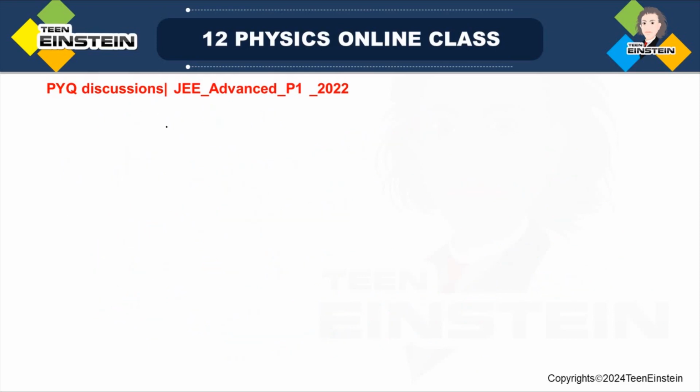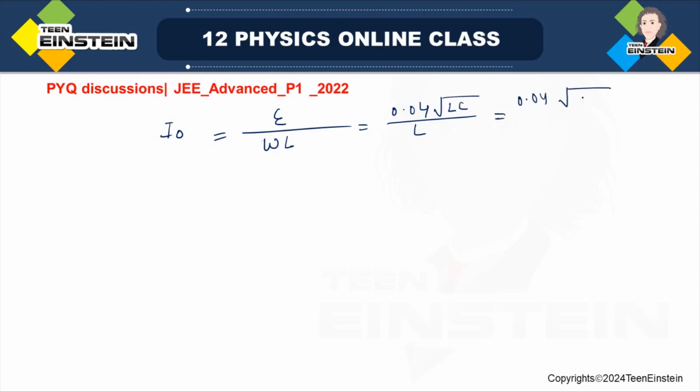So what I had got, this will be EMF divided by omega into L, right? So this is 0.04, omega is 1 over root over LC, so I am writing square root of LC here, and here it is L. So this is 0.04, this will be 10 to the power minus 1 into 10 to the power minus 3 divided by 10 to the power minus 1 here.